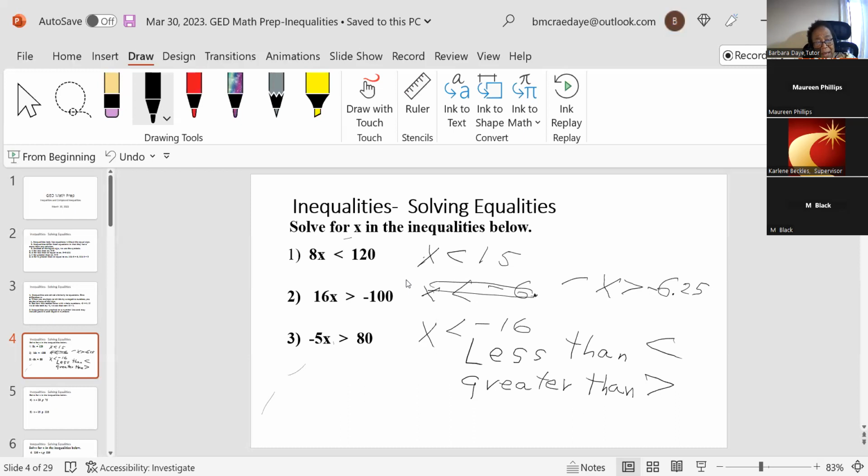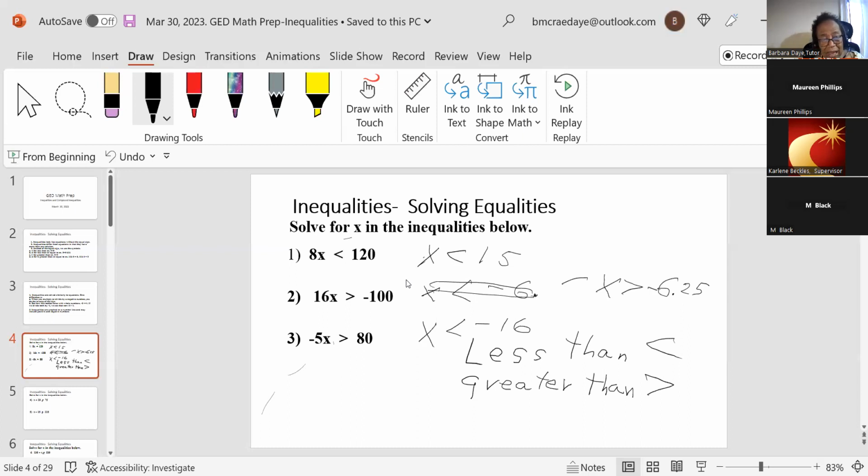And number three is here: you divide by negative. So that's a negative 16. But since you divide by negative, you gotta reverse it from a greater than to a less than. So your answer is x less than negative 16. Why change it for number two, Miss? Because of the sign at 100? That's not dividing by 100. That's a minus divided by a plus.